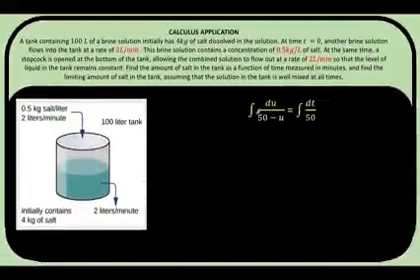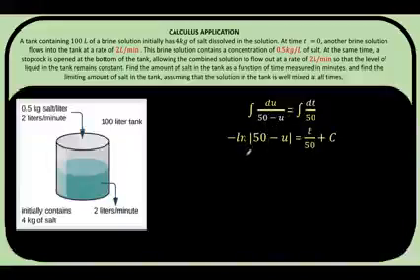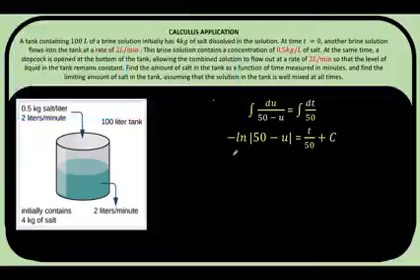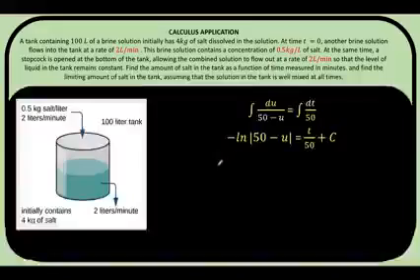What is the antiderivative of du over 50 minus u? Its antiderivative is negative ln of the absolute value of 50 minus u, and the antiderivative of dt over 50 is equal to t over 50 plus c. And then let's divide both sides by negative 1 to eliminate this negative sign before ln.